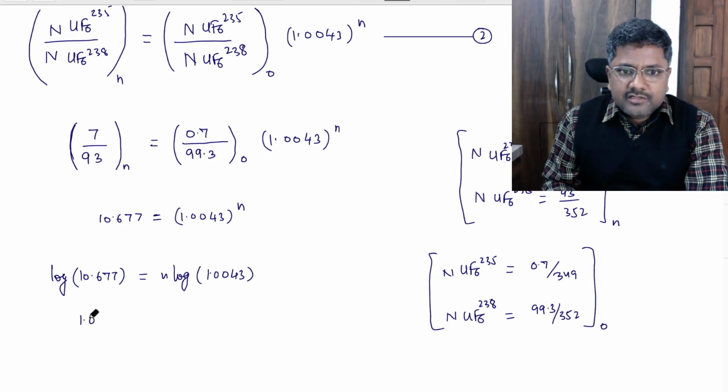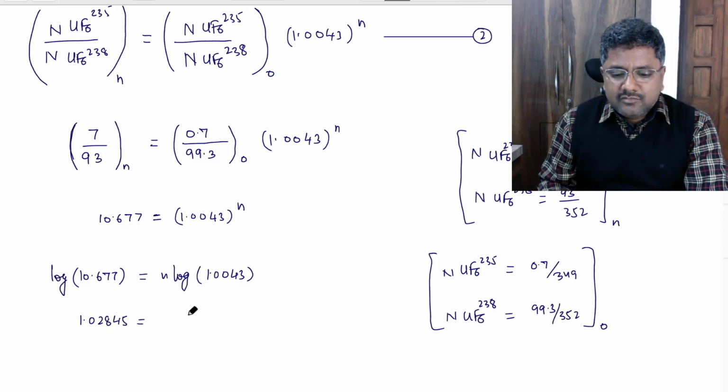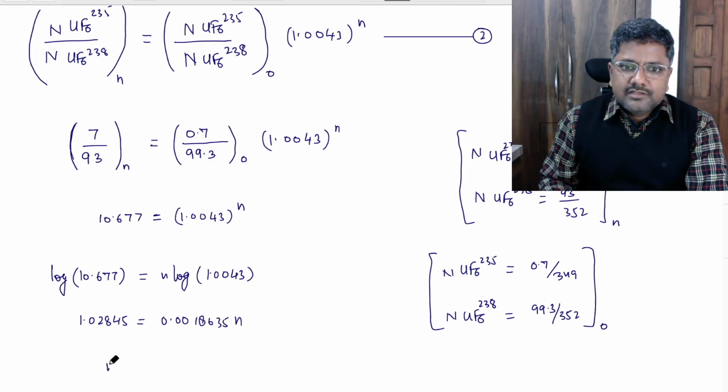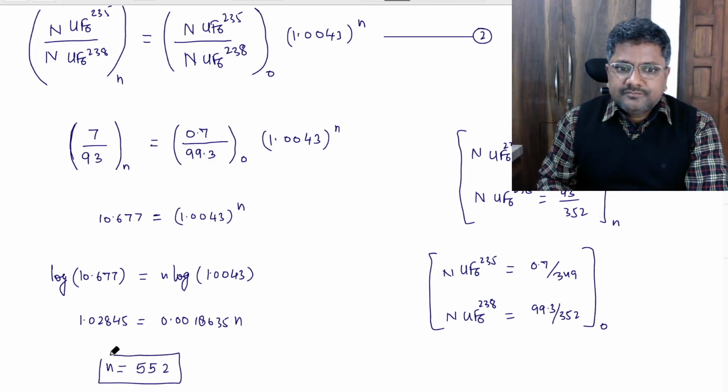So if you solve this, you will get 1.02845 is equal to 0.001865 n. So n is equal to 552 stages. So this is the answer.